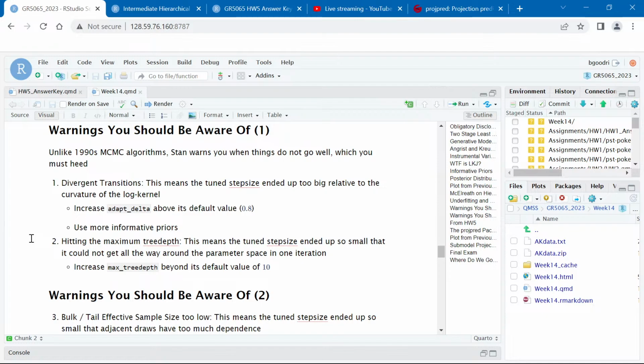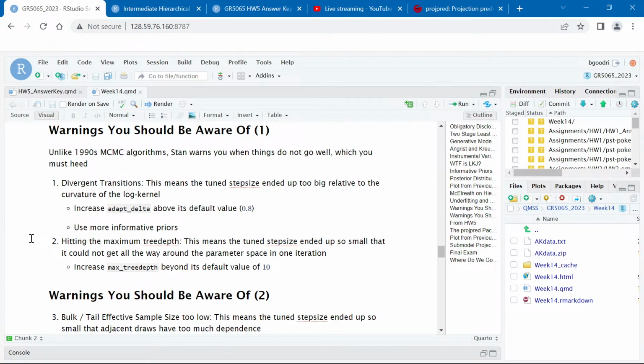And McElreath correctly, although he's yelling at clouds for the most part, it's a good thing that Stan warns you when things are not going well, because other algorithms, including the Bayesian ones from the 1990s, didn't go well, but they didn't produce the warnings. And so you should heed these, particularly the one about divergent transitions.